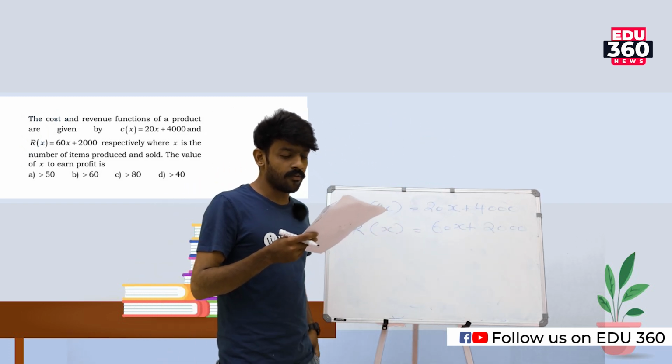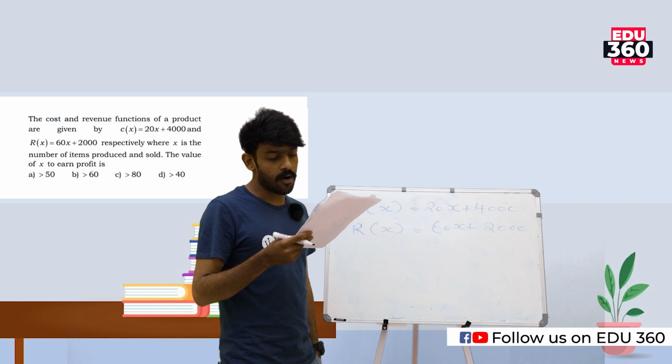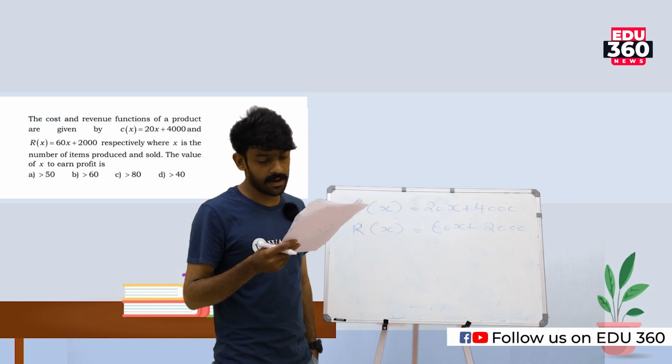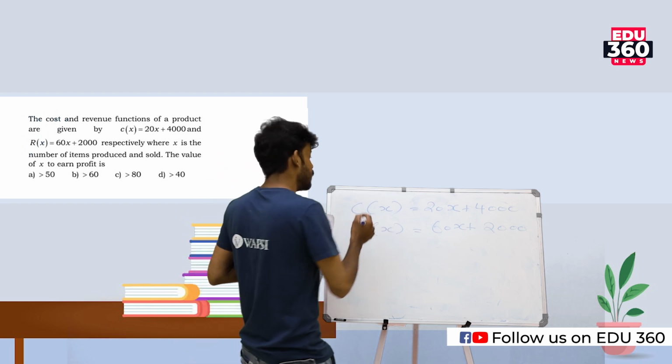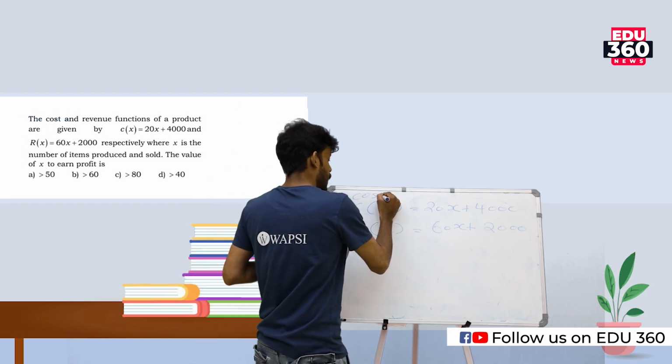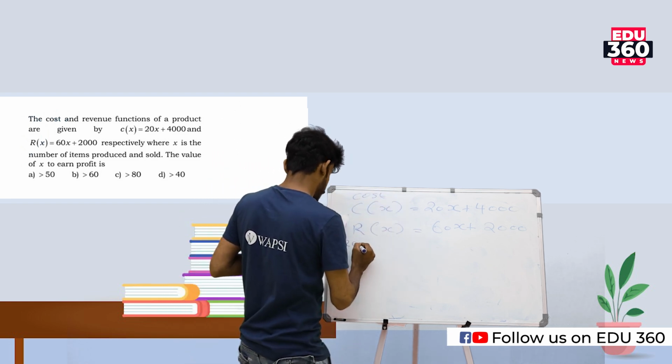So we need to find the value of x to earn profit. This is for cost and this is for revenue.